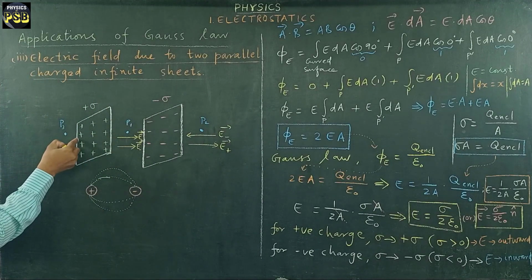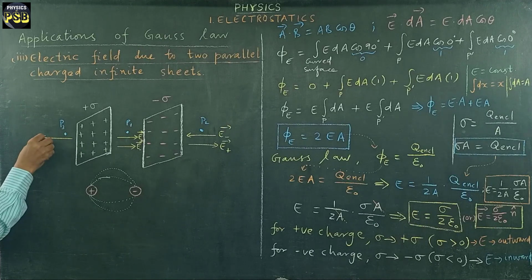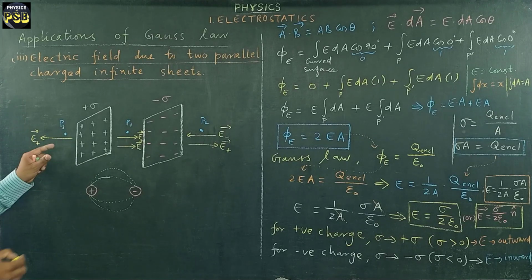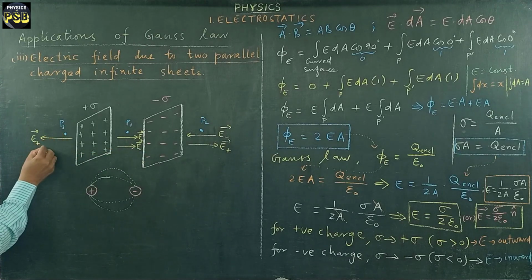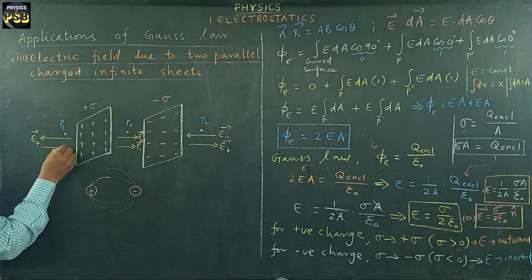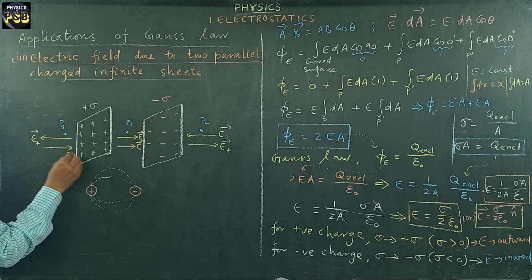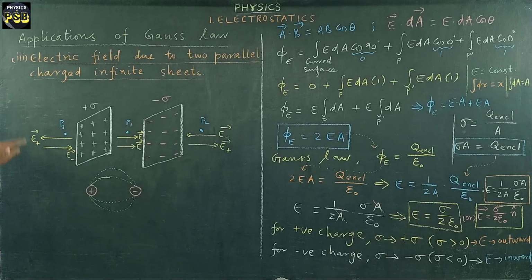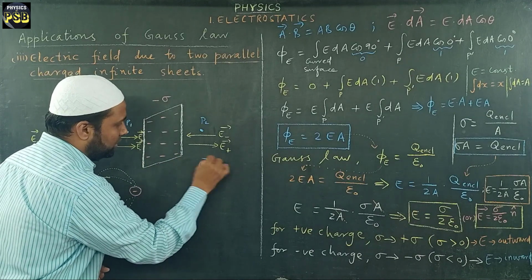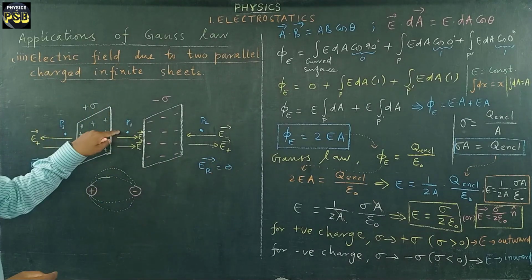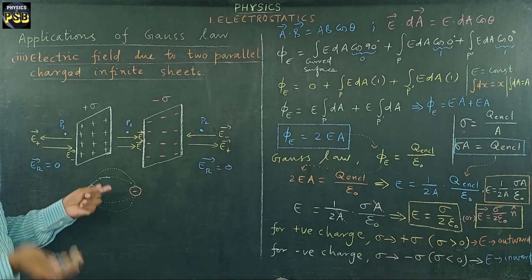Here also, E plus vector acts away and E minus vector acts towards the sheet, so they act in the opposite direction, they get cancelled, and the resultant electric field here is 0, and here also it is 0, whereas here both the electric fields are acting in the same direction, so they get added up.